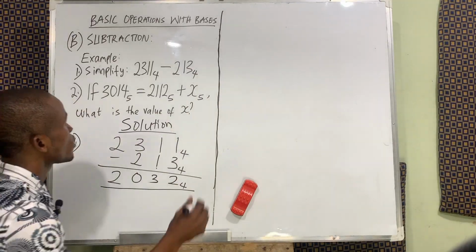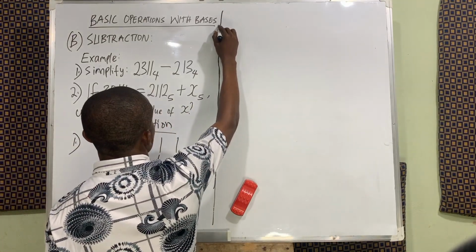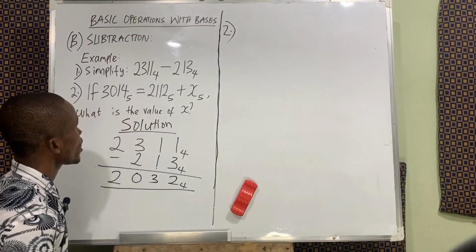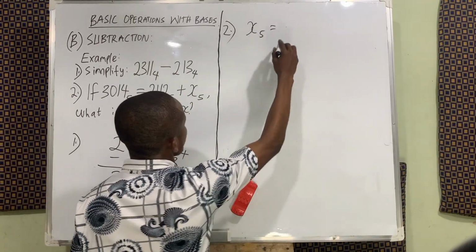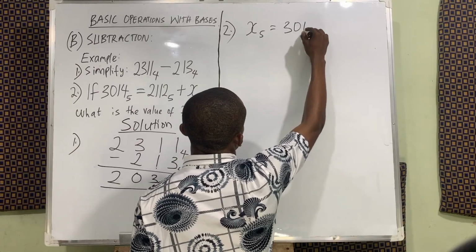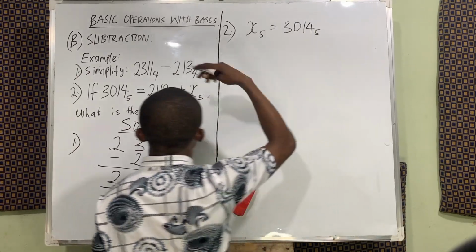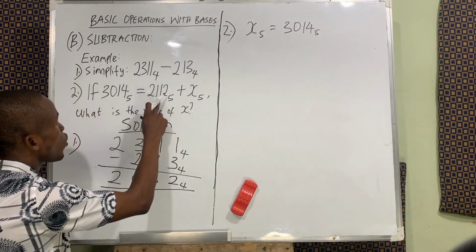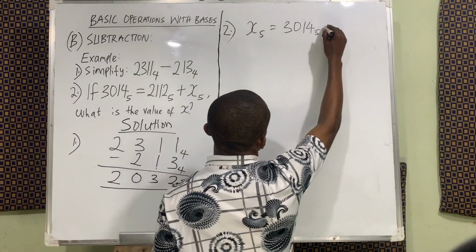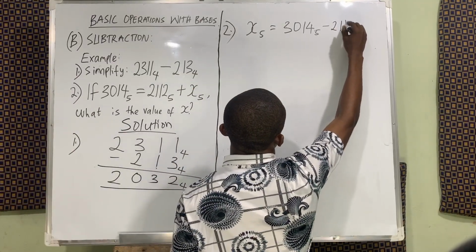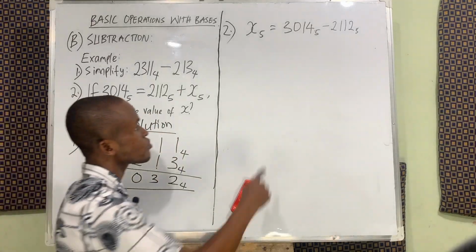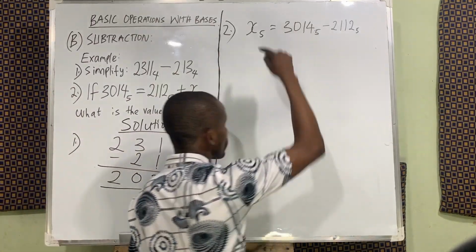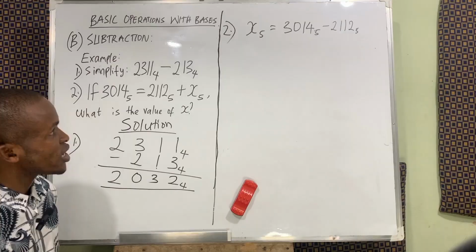So let's say that for question number 2, x in base 5 will be equal to 3014 in base 5 minus 2112 in base 5. At this point, we will subtract 2112 in base 5 from 3014 in base 5.